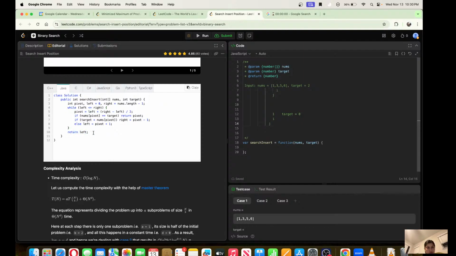Yeah, they are also returning left always. But what if there is just one number, 1, and i is also the same, j is also the same.